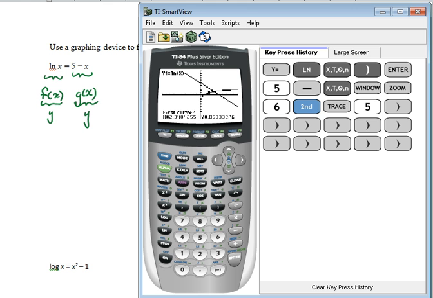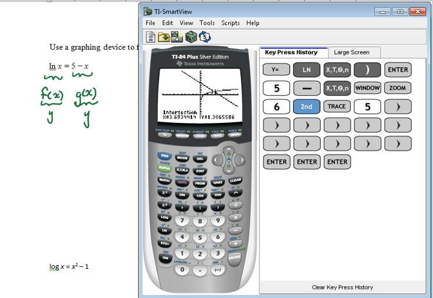Then hit enter. Now the function has changed to y sub 2 equals 5 minus x, and the cursor is already pretty close to the point of intersection. So I'm going to press enter, and then press enter one more time and let the calculator do the guess.